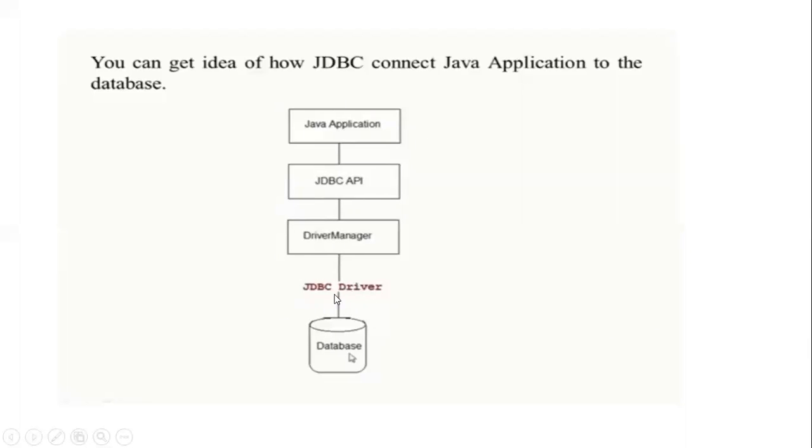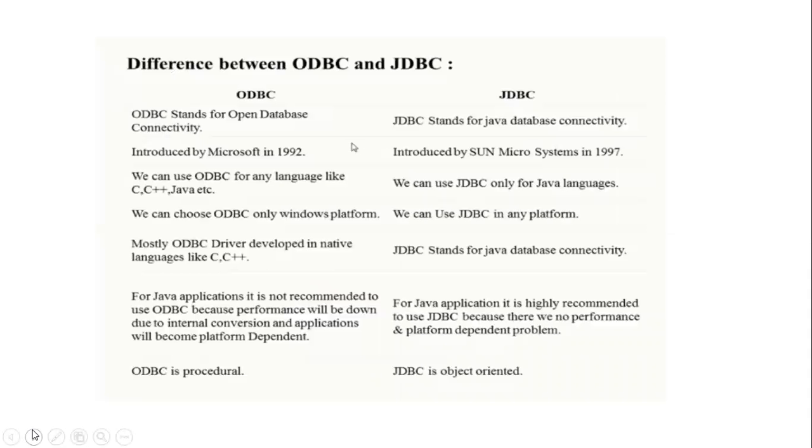So this is an overview of how a Java application or front end will access the database. For that data access, we need the JDBC API. It will use the driver manager of JDBC, and it will access the database using the JDBC driver. So this is how JDBC connects a Java application to the database.